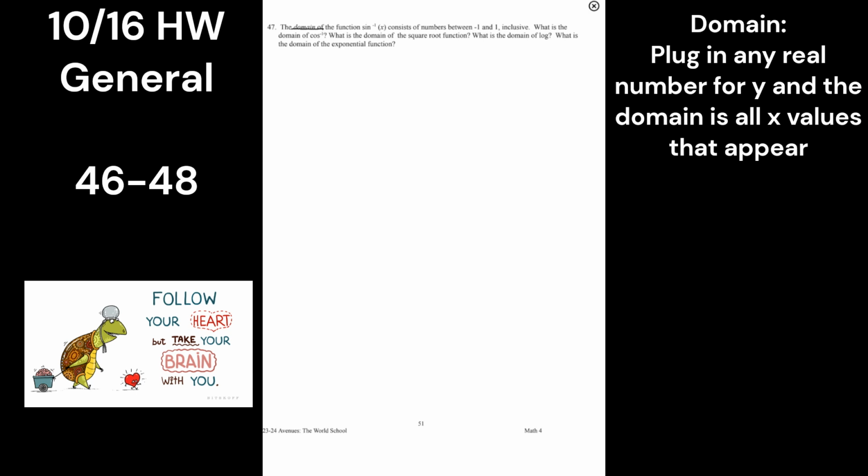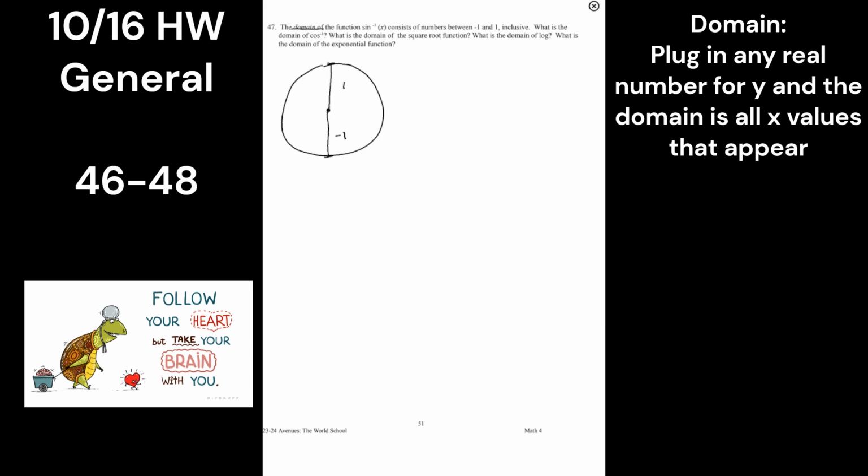Anyways, so it states here that the inverse sine of x consists of numbers between -1 and 1 inclusive. What is the domain of inverse cosine? So the reason why, I'm just gonna draw this right here. If we draw a circle, the reason why inverse sine only consists between -1 and 1 as x values is because the max sine can be, if sine is the y value, is 1 and then -1 technically.